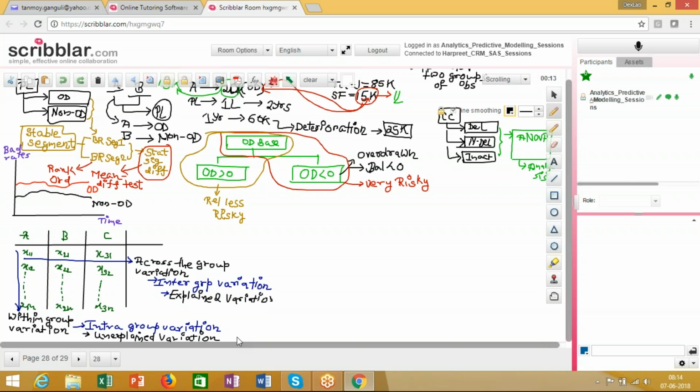Right. So there is intergroup variation, which is explained variation, and there is intra-group variation, which is the unexplained variation.